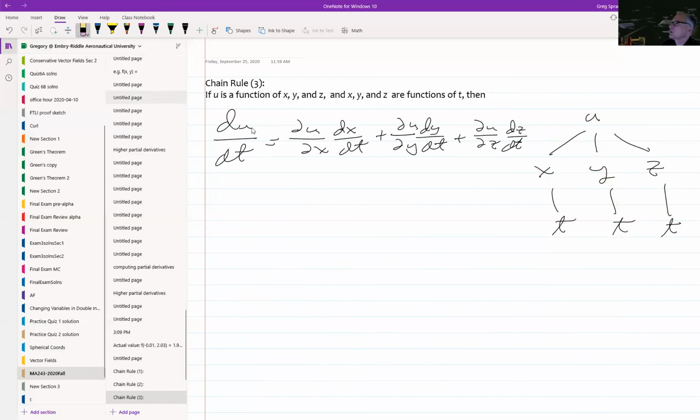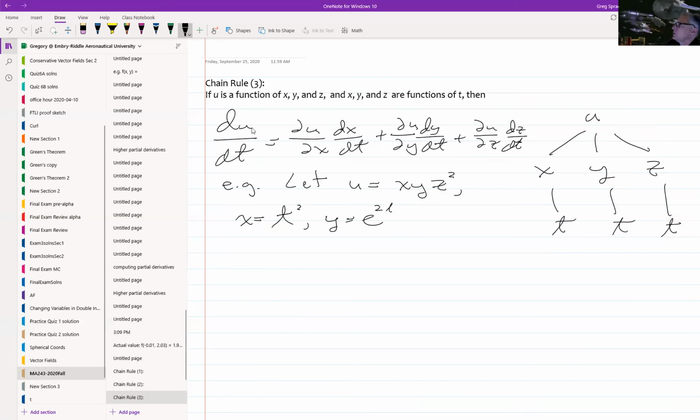So let's do an example. So suppose u equals xyz squared, x equals t squared, y equals e to the 2t, z equals cosine t. Let's find du dt.